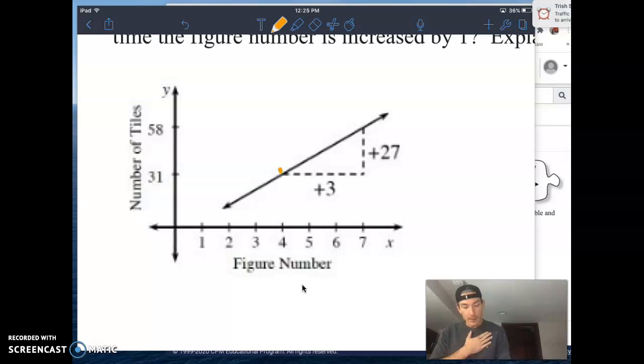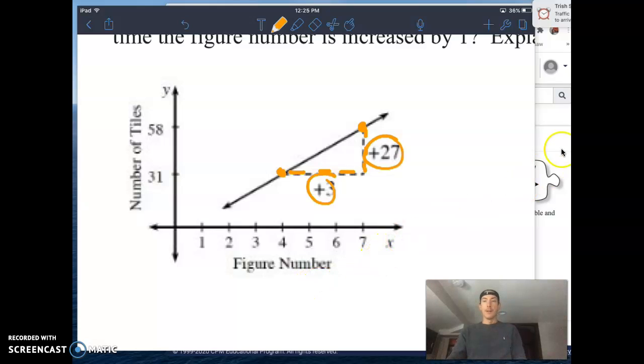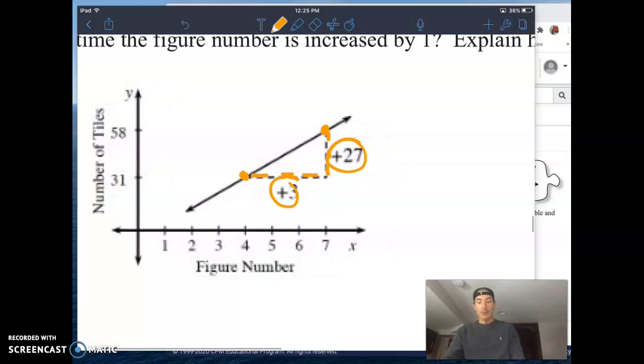That slope triangle, like I said, we'd start here and we'd go here. We'd move from that left point to that right point, and it looks like here we go over 3, right? That's this plus 3, and the scale might confuse you a little bit, but we're told we go up 27. Very, very important. We put the rise on the top, the rise over the run.